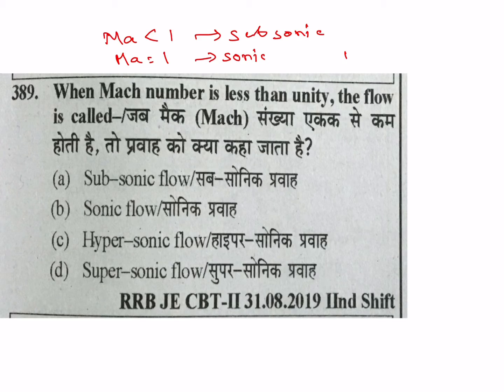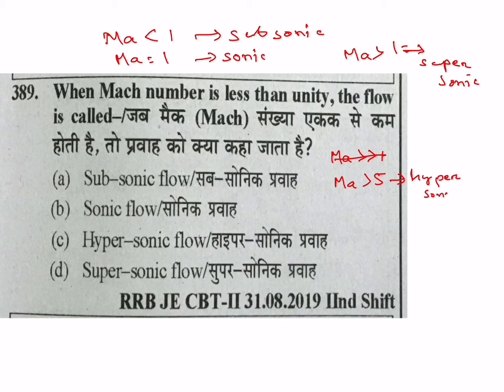Then Mach number is greater than 1, your supersonic. Then hypersonic, Mach number very greater than 1, or Mach number greater than 5. Hypersonic. Answer: Mach number is less than unity, so subsonic flow.